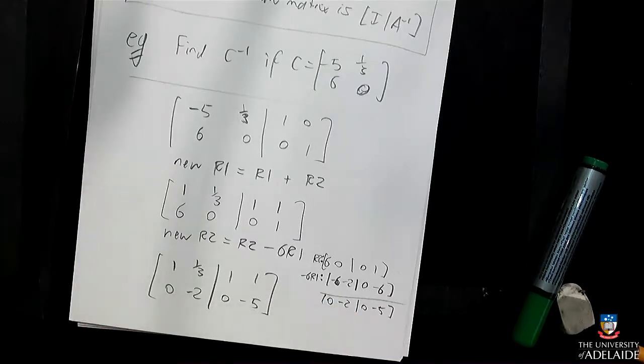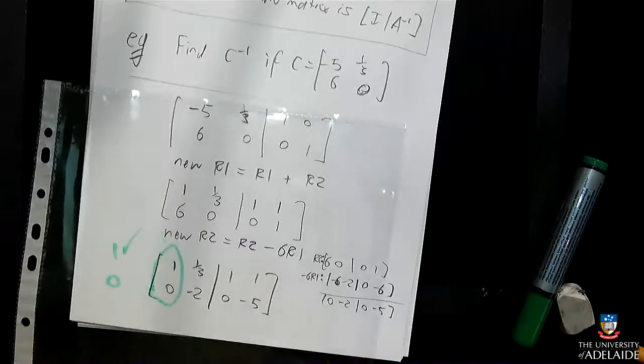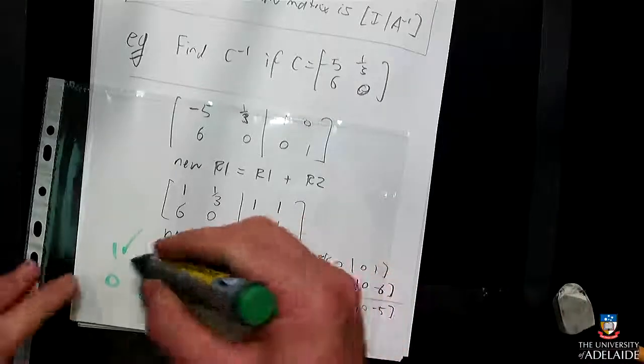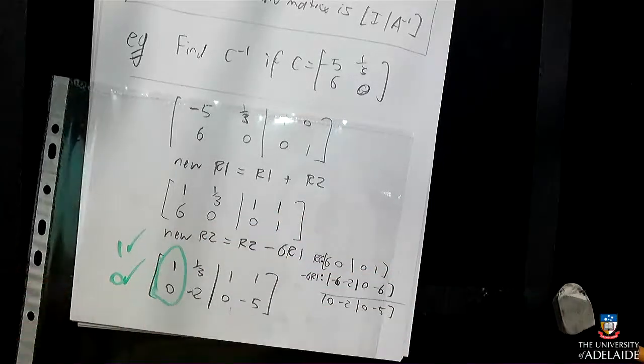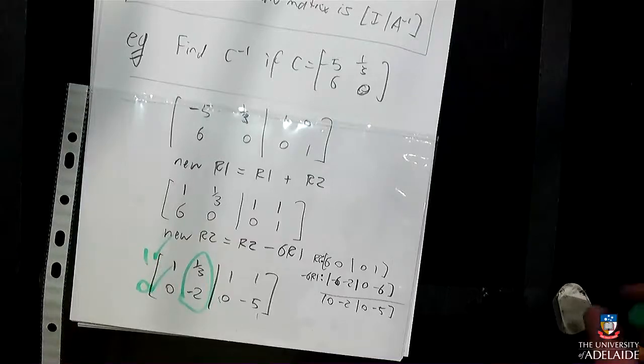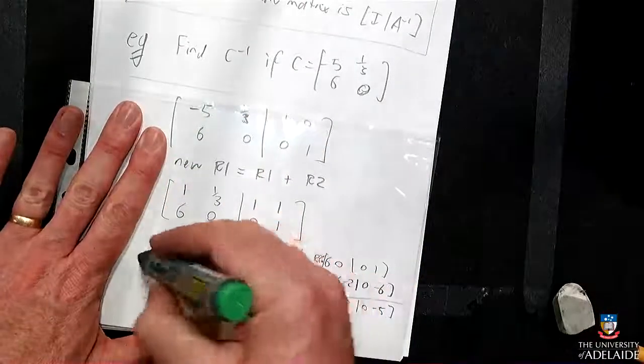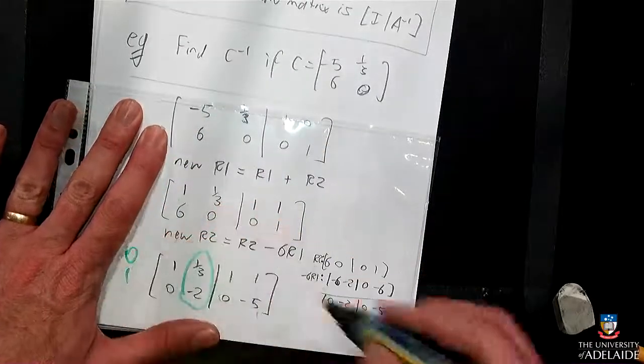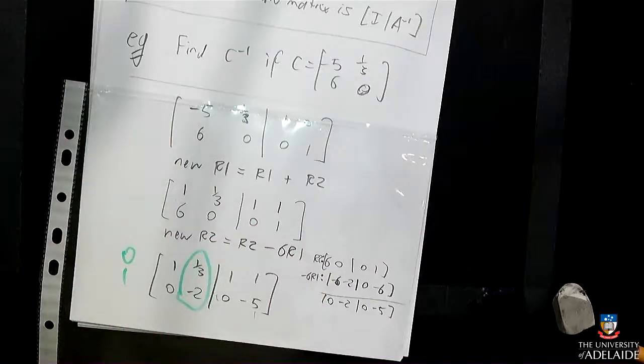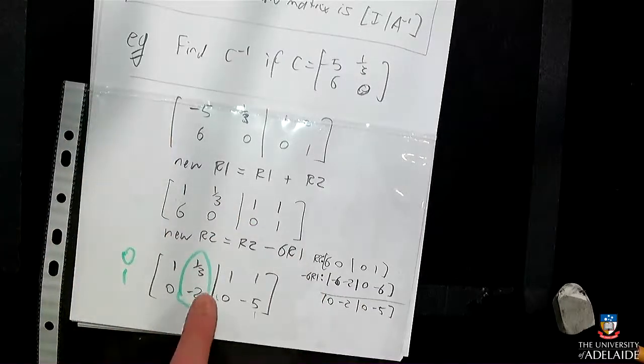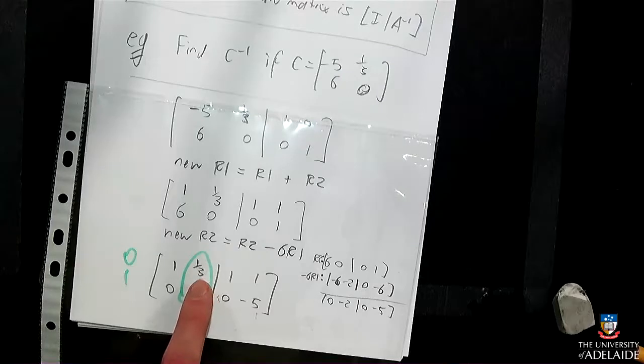Okay, so now in this first row I have the 1 and the 0 that I want. That's good. And now I'm going to move to the next column. And in that column I would like there to be a 0, 1 because I've already got the 1, 0. So I can't go putting a 0 in this spot by multiplying by 0.